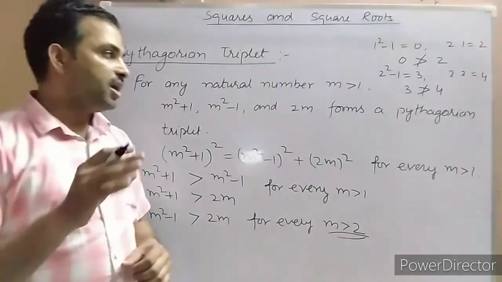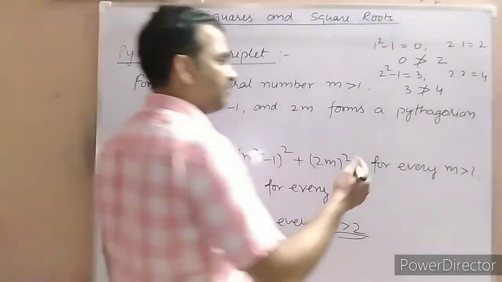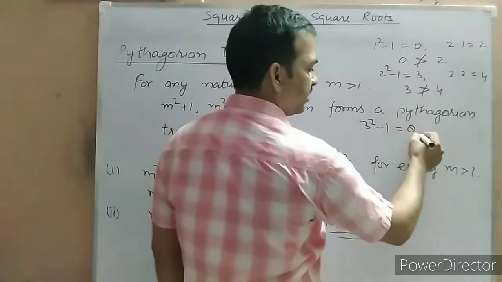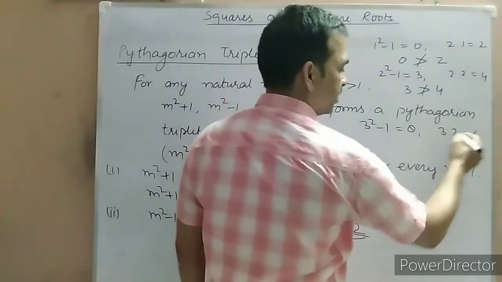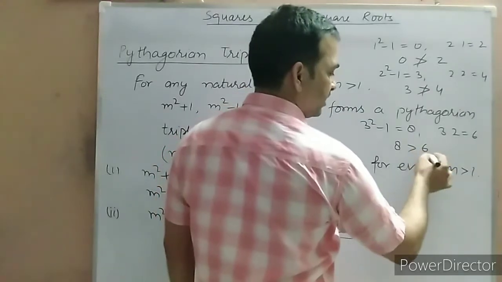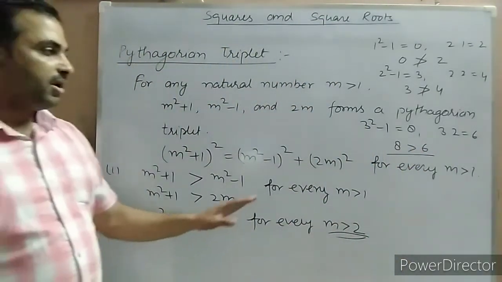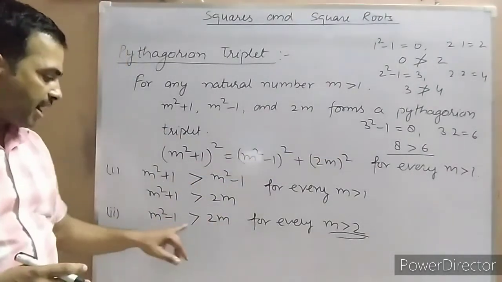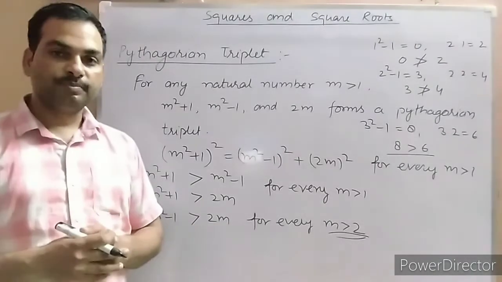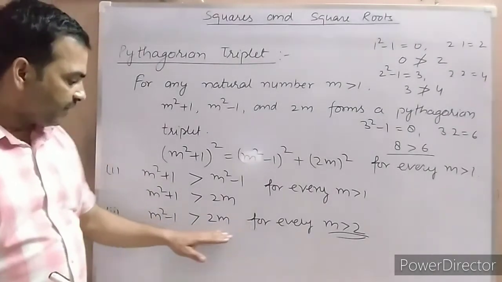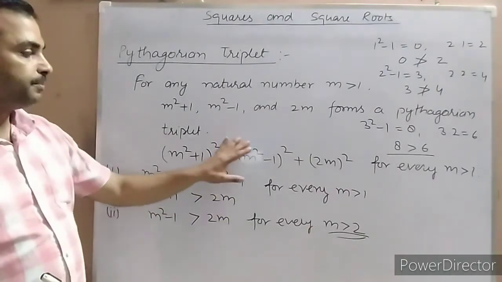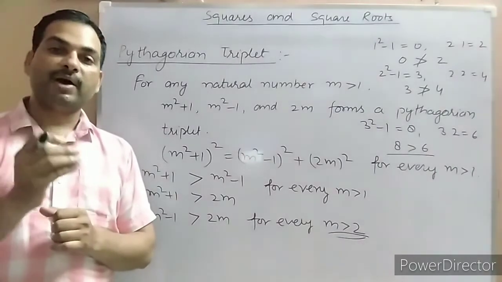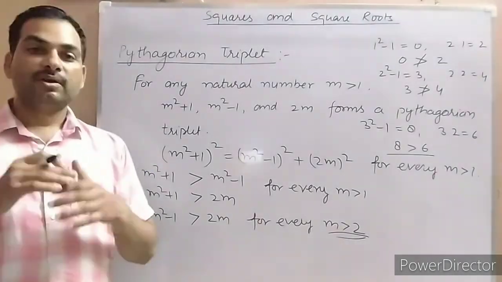If I take m equal to 3, then what will happen? 3 square minus 1 is 9 minus 1, which is 8, and 3 into 2 is equal to 6. 8 is greater than 6. Okay, so if I take m equal to 4, 5 and so on, always m square minus 1 is greater than 2m. So this is a very important concept to find a Pythagorean triplet if we have any one number of the Pythagorean triplet.